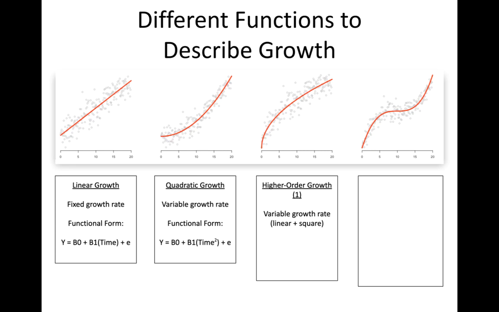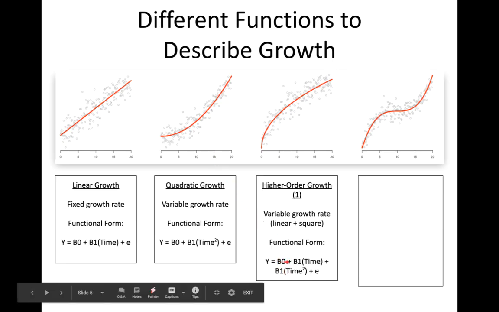So there's what I call higher order growth 1, and that is a linear plus a square or quadratic term. The functional form there is you have an intercept, you have some impact of time, which is beta 1, and then you have some impact of time squared, and this should actually be B2, not B1.